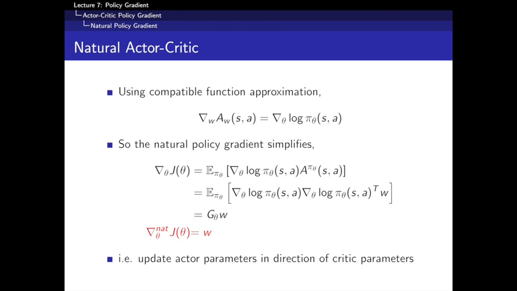We know for that state how to have adjusted our policy so as to have taken that action more often. And we look at whether that step was good or bad according to our critic. If it's good, we push our policy parameters to do that thing more often. So all of these have very simple stochastic updates. And then for the critic, we use our favorite algorithm: Monte Carlo, TD, TD lambda, the whole family of different approaches that we've considered in previous lectures.